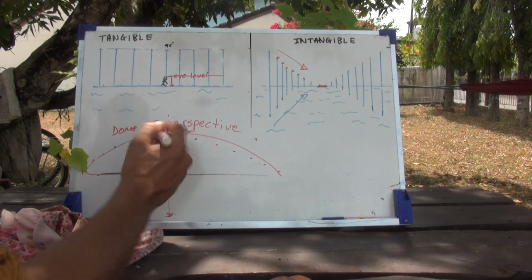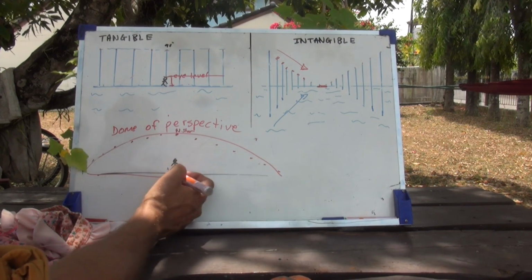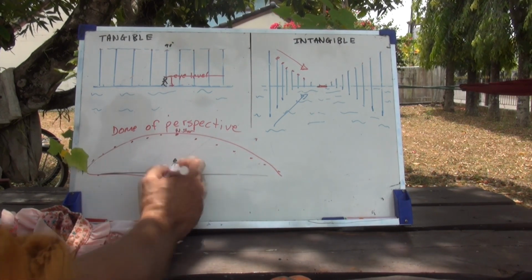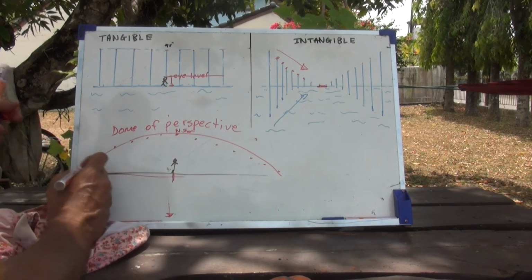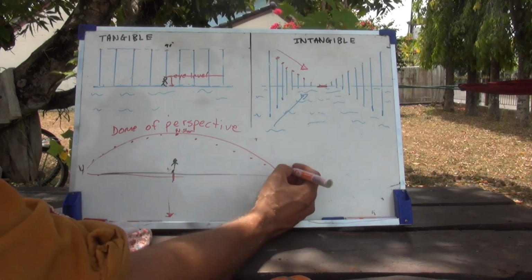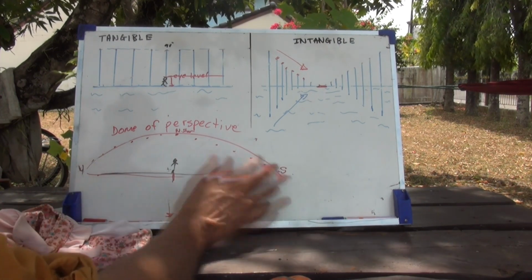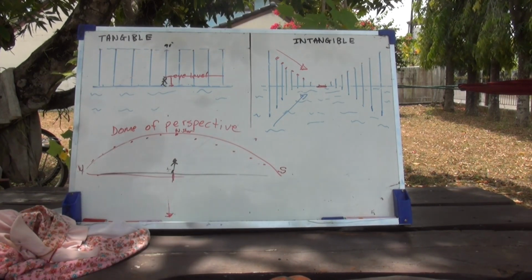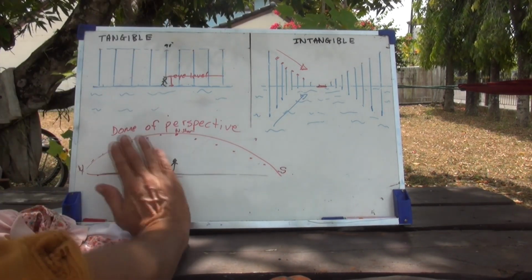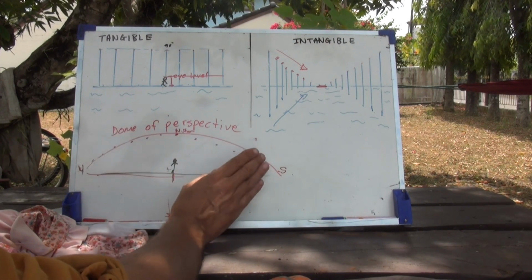Yeah? And you've got a dome either side. Or I could be standing here on the equator. Okay, here's me on the equator, and this is going as far as I can see north, and this is going as far as I can see south. Okay, so you have a hemisphere. The hemisphere of the globe is just a hemisphere of perspective.